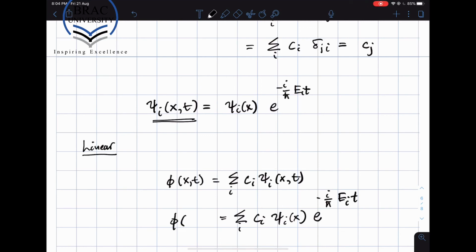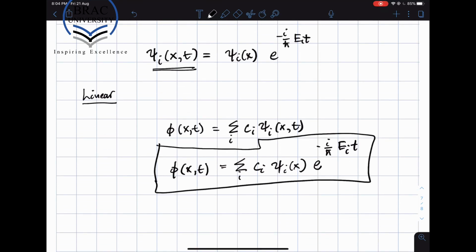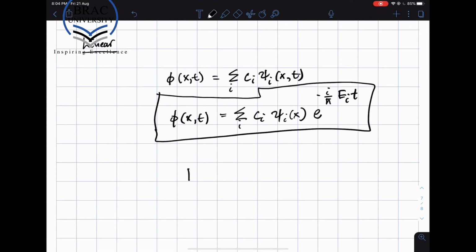And this is a very powerful result. So what it's saying is that if I solve the time-independent Schrodinger equation, then I have essentially solved the problem. Because if I solve the time-independent Schrodinger equation, we know how psi i evolve in time.